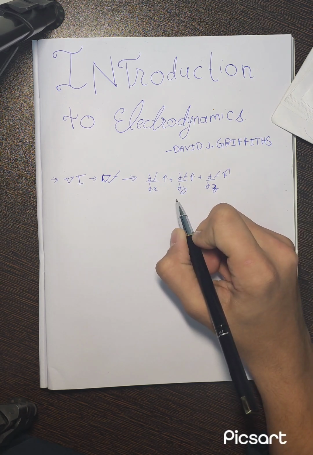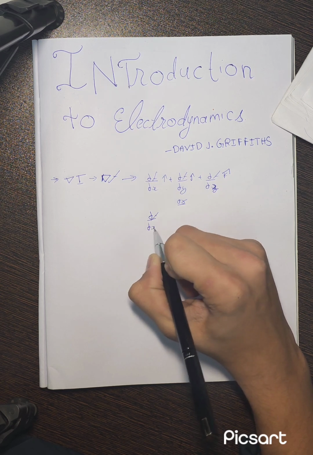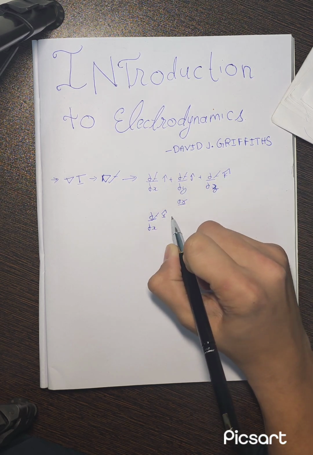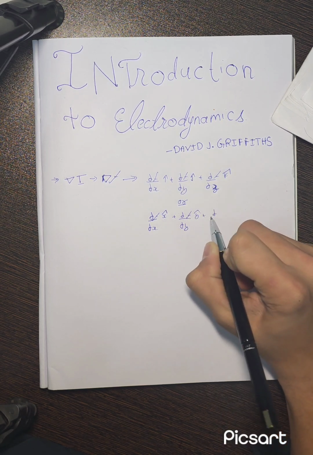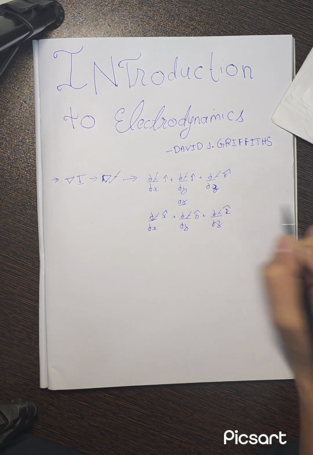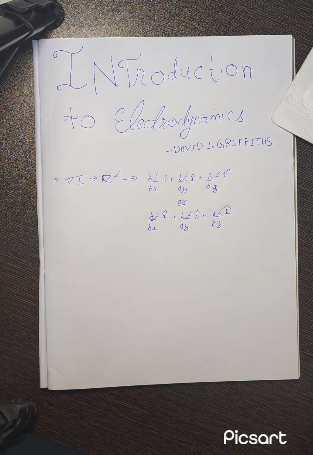The notation used in David J. Griffiths is del f by del x x cap, rather than using i cap, plus del f by del y y cap plus del f by del z z cap. I always get confused on this z thing, just a personal thing.